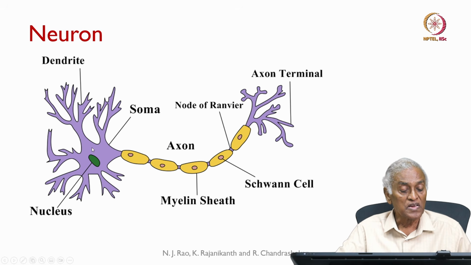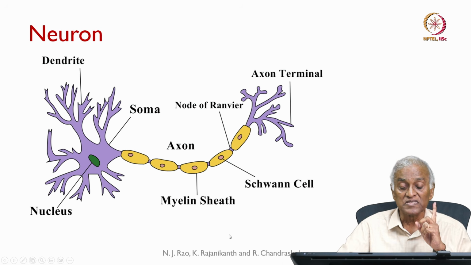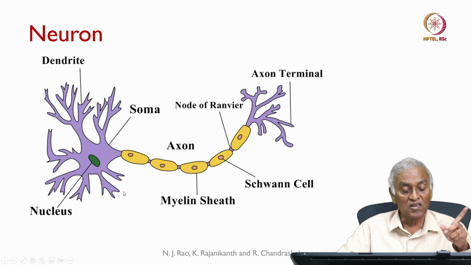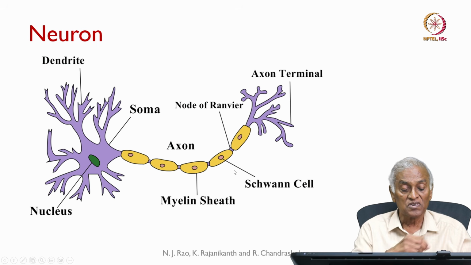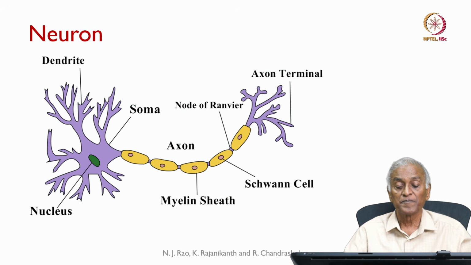And this is a nucleus. That means each neuron is one cell. A cell will always have a nucleus. And this neuron will have one axon like this, and this one is called myelin sheath. It is more like an insulator to ensure the electrical signal passes through fairly quickly without dissipating to the environment.